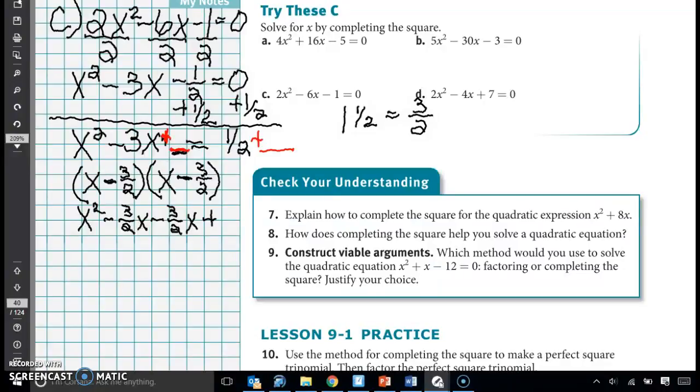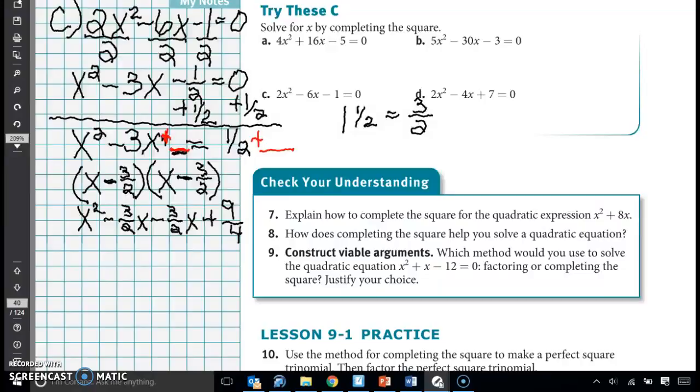So 3 times 3 is 9, and 2 times 2 is 4. If we take negative 3/2 x plus negative 3/2 x, does that equal negative 3x? Negative 1.5 minus 1.5 is negative 3. So this checks, so that's good.